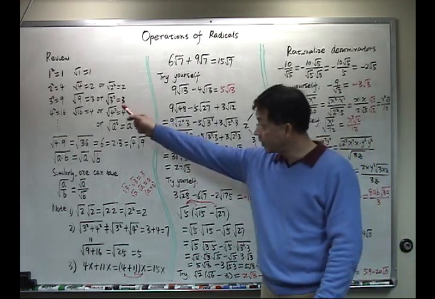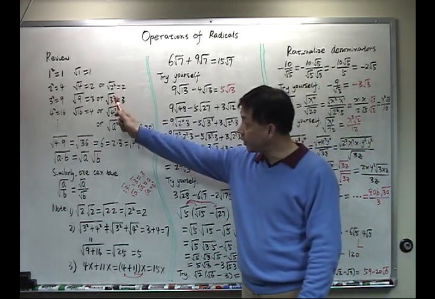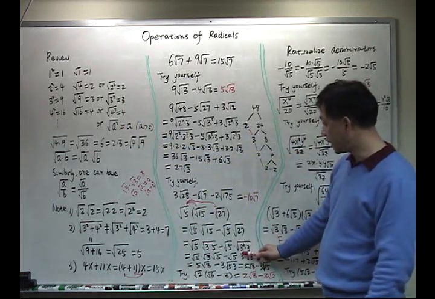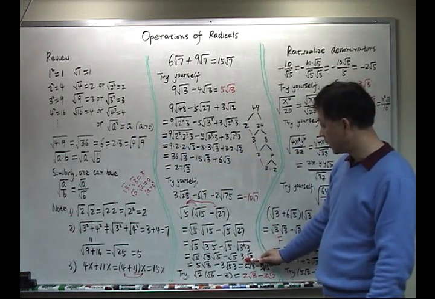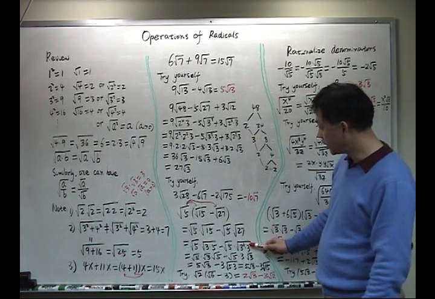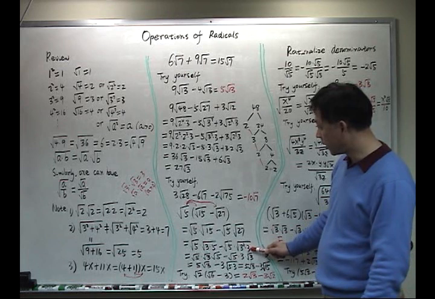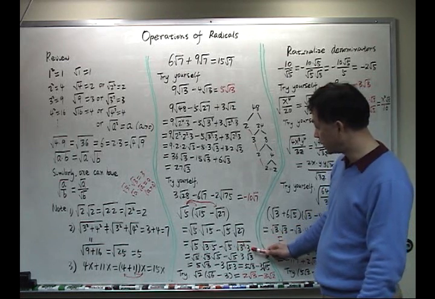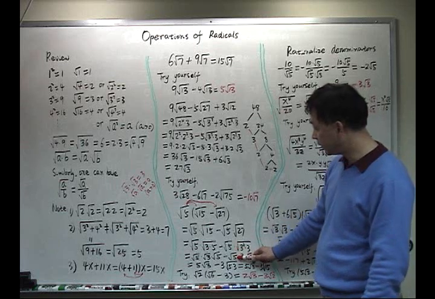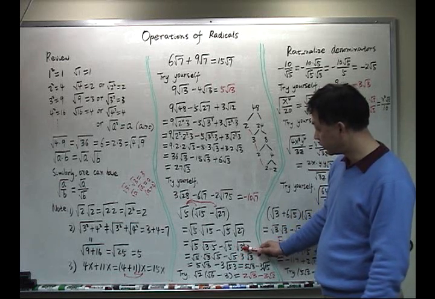Okay? It's like 3 squared radical is 3. So this 3 can be out, the first one. The second one, the 3 does not have a square, so 3 stays inside the radical sign. So you have a radical 5 times 3 from here, and then times radical 3.